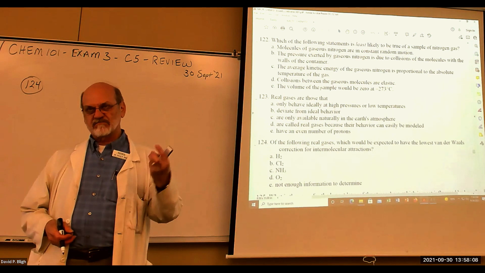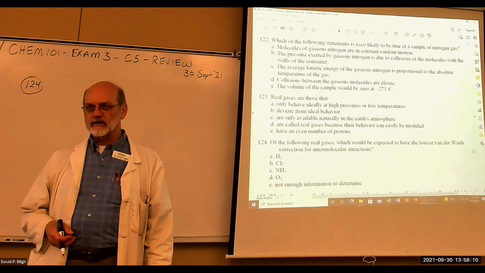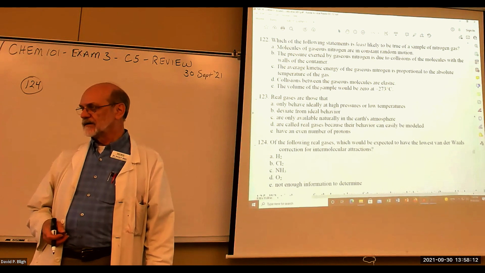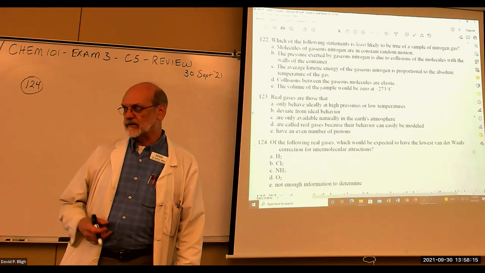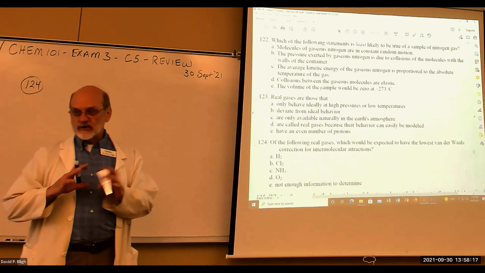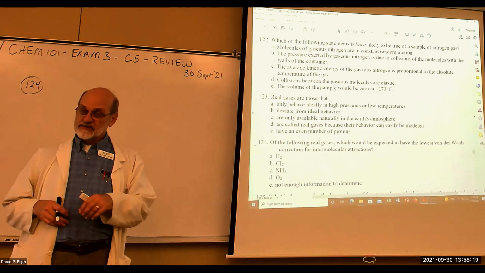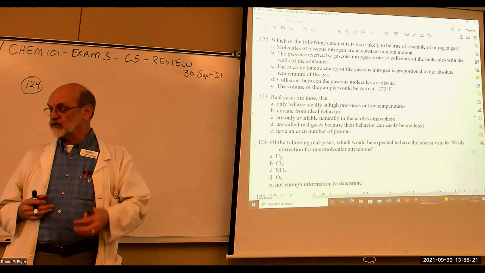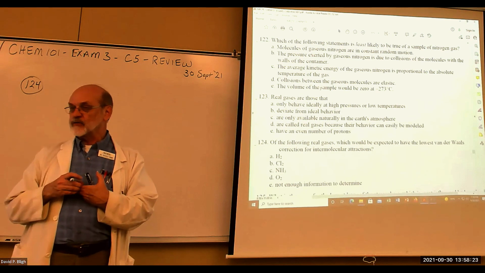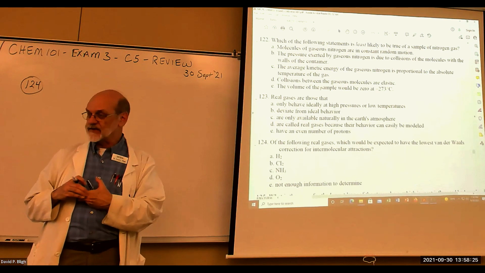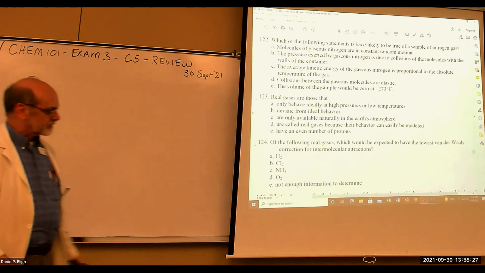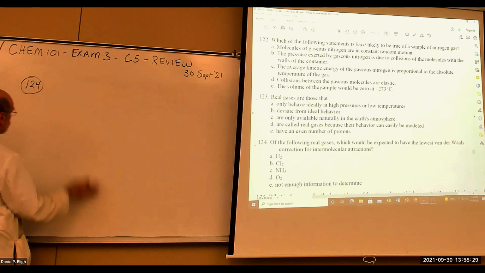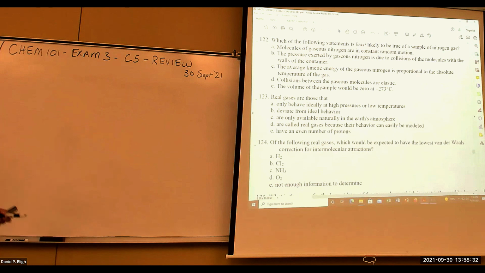It's down around 4 Kelvin. I mean, it's almost absolute zero. That means there's no significant attraction between the molecules to hold them together. That's what makes a liquid when you compress a gas. Okay, 124. Let's see.